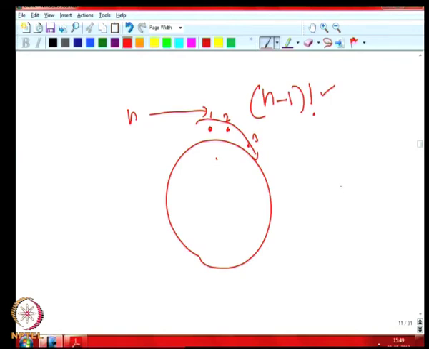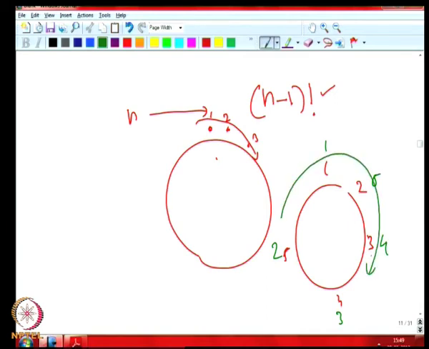On the other hand, you can rotate either way, and that is the same.